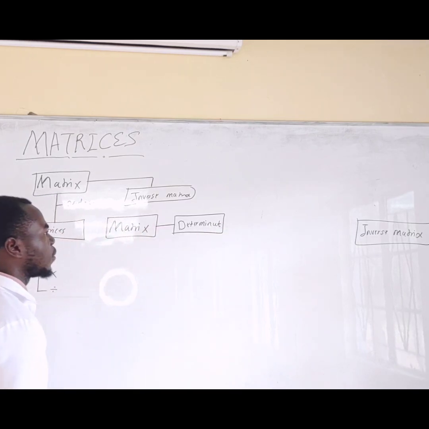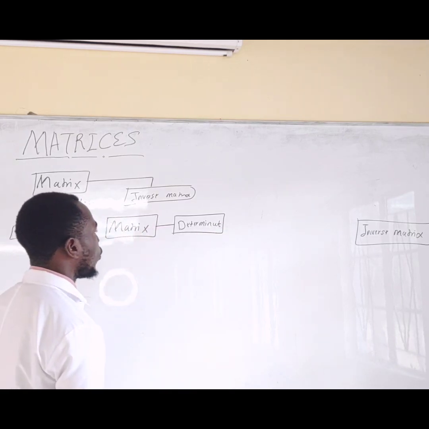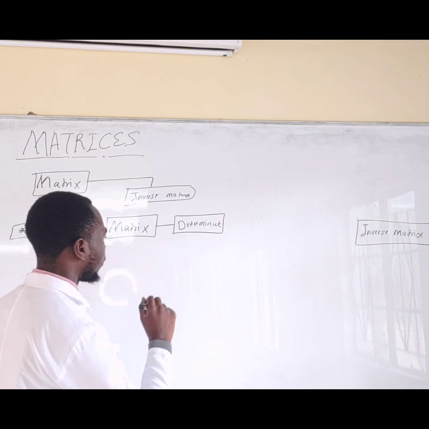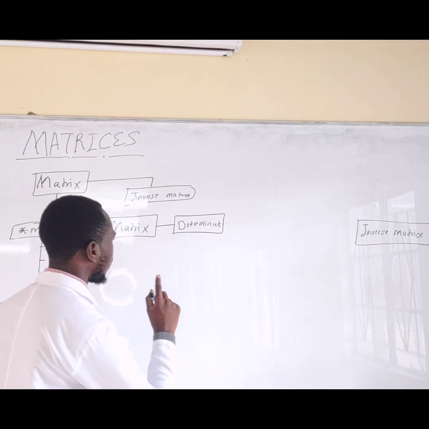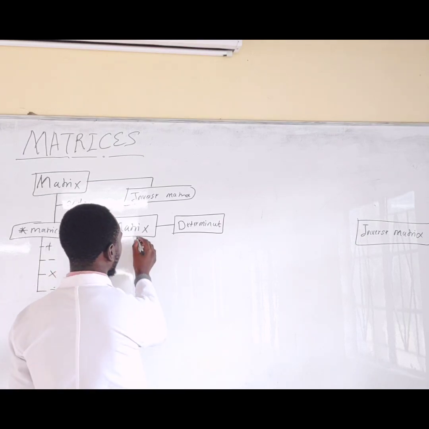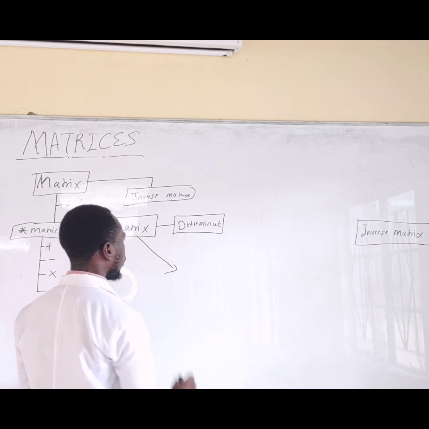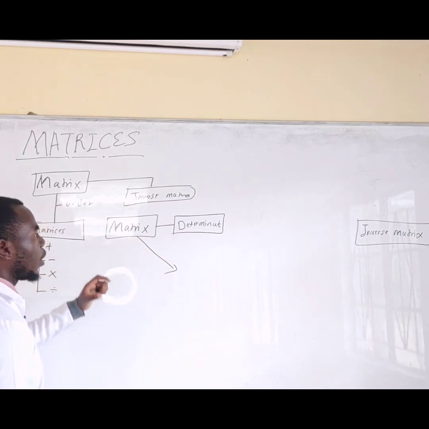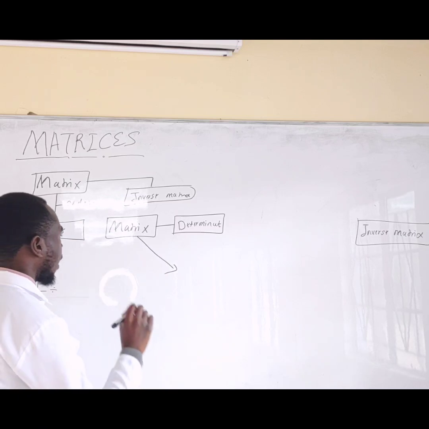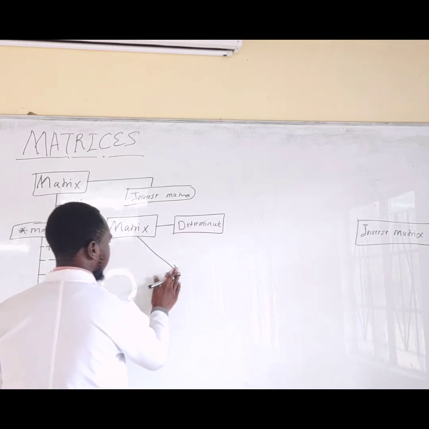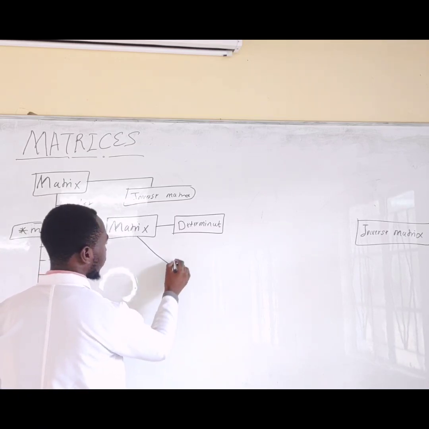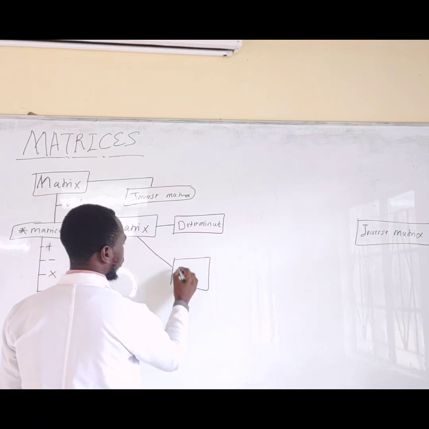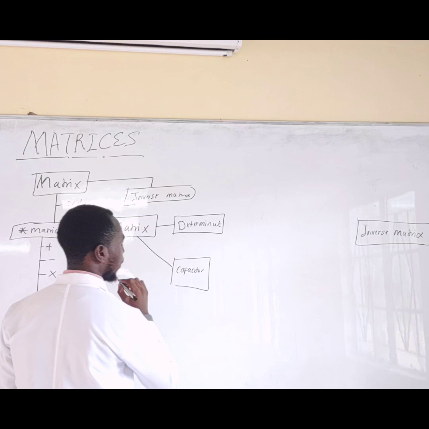After finding the determinant of the matrix, you are going to go back to the original matrix. When you get the original matrix here, you are going to find the so-called cofactor, a cofactor of any given matrix.